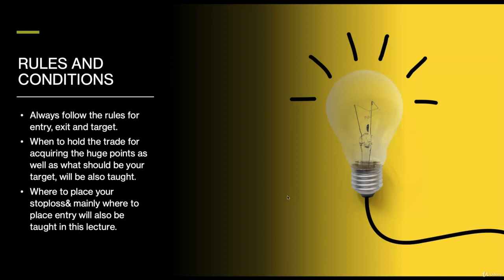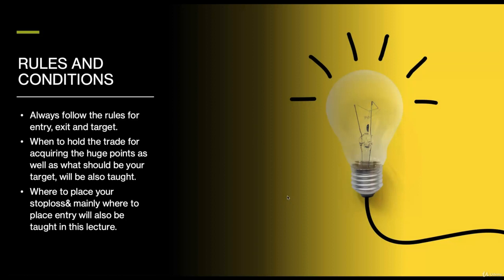Targets anyone can plot, anyone can keep a 100 points target or a 200 points target, but placing the stop loss and entry is very crucial. We should have the entry at the right point, and at the right point we should have our stop loss, so that our stop loss doesn't get hit and the entry is also at the right position.